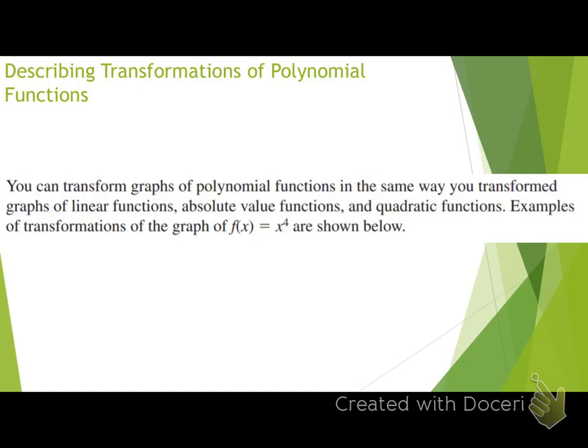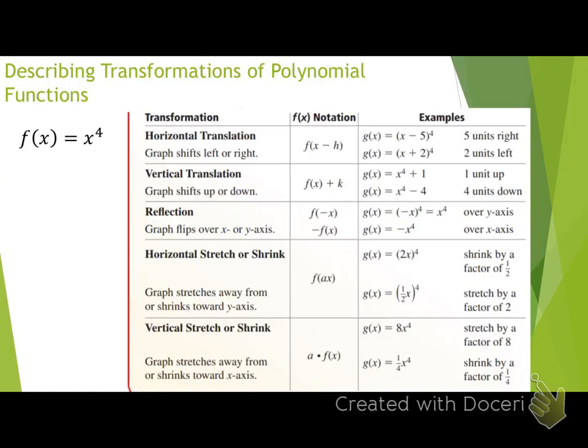So, f of x equals x to the fourth. Here's a bunch of transformations that we could do with x to the fourth. Like I said, it is the same formulas that we had last semester when we talked about transformations: f of x minus h, f of x plus k, f of negative x, negative f of x, f of ax, and a times f of x.